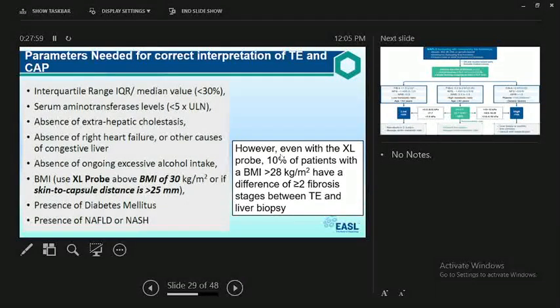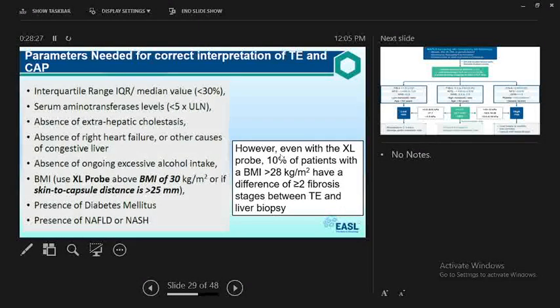Then there should be an absence of extrahepatic cholestasis. Once cholestasis is there, the biliary canaliculi are filled with bile, so the liver is stiff and it will be interpreted in a wrong manner. There should also be an absence of heart failure, liver congestion, or Budd-Chiari syndrome, where the liver is stiff because of vascular congestion.